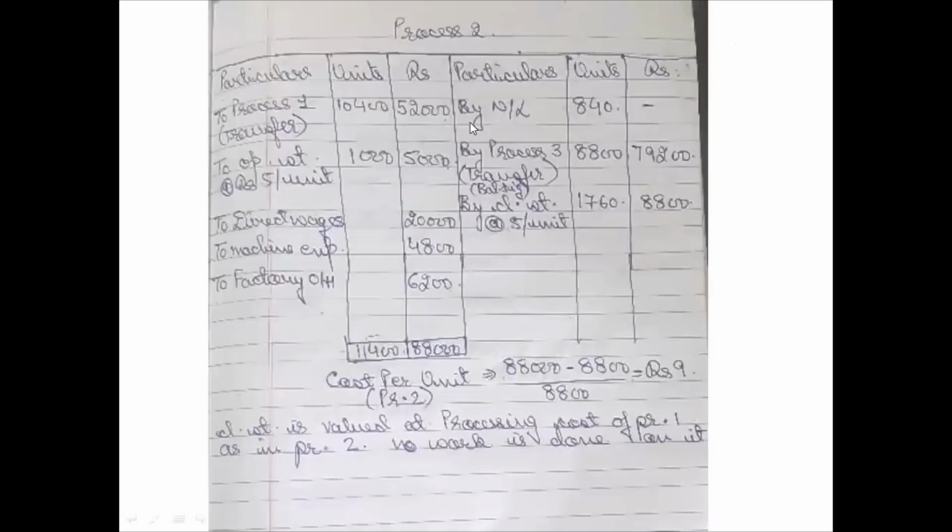Identify here that by normal loss 840 units were mentioned, and the closing stock is 1760 units. So we are mentioning two types of quantities here, normal loss 840 and closing stock 1760.